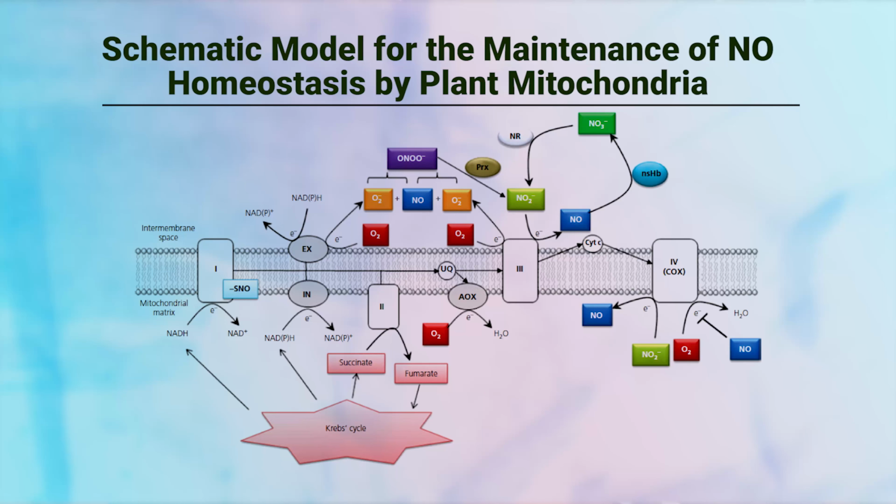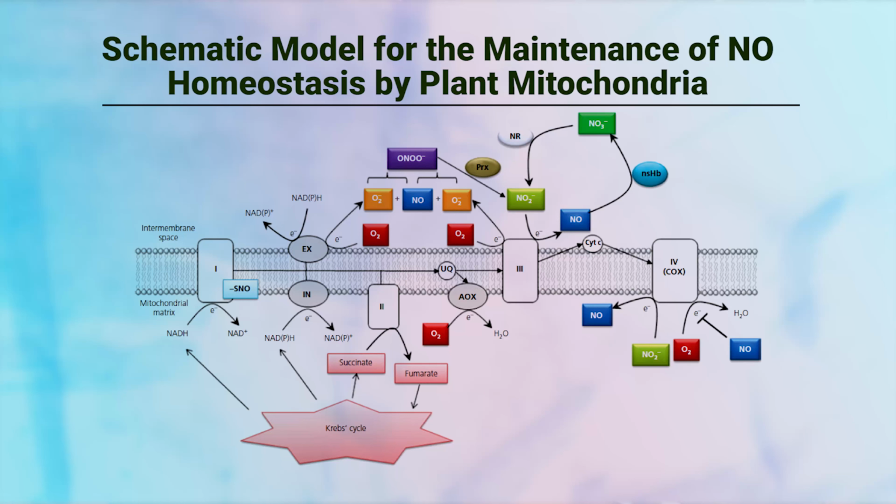The resulting restriction of electron flux through the cytochrome pathway stimulates production of superoxide by INDH and complex 3. These enzymes then contribute to NO degradation because NO promptly reacts with superoxide to produce peroxynitrite. Conversely, AOX allows mitochondrial electron flow in the presence of NO and decreases electron leakage and NO consumption.